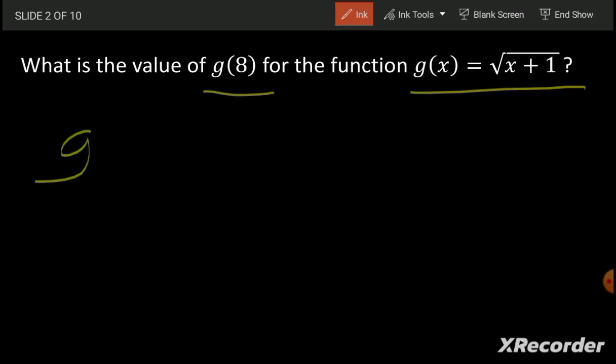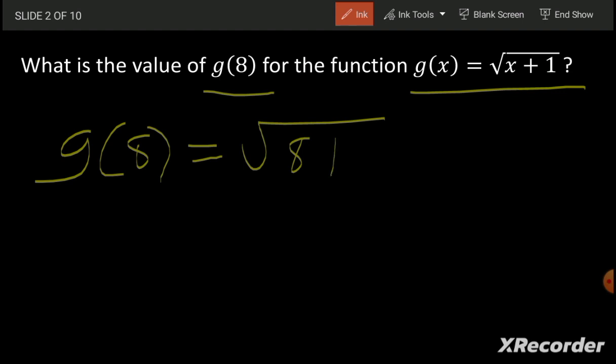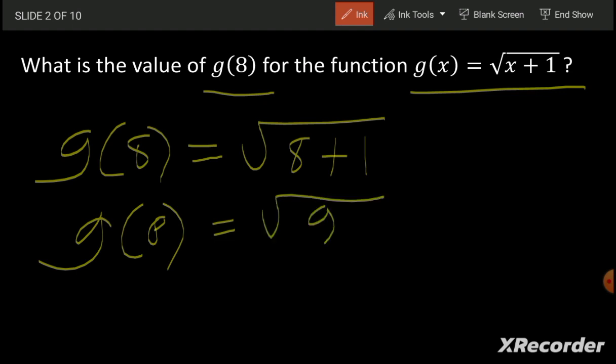So we have g of 8 is equal to the square root of 8 being the x, plus 1. So g of 8 now is equal to square root of 9, and square root of 9 is 3. Therefore the value of g of 8 is equal to 3.